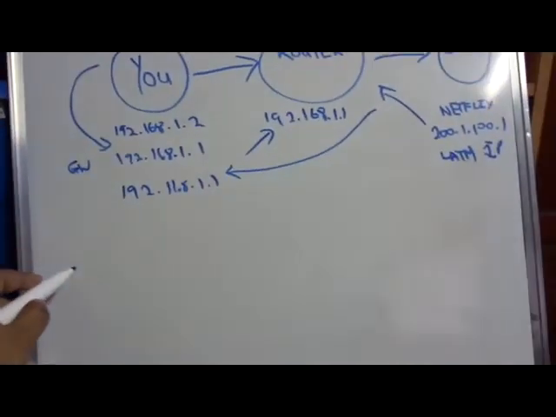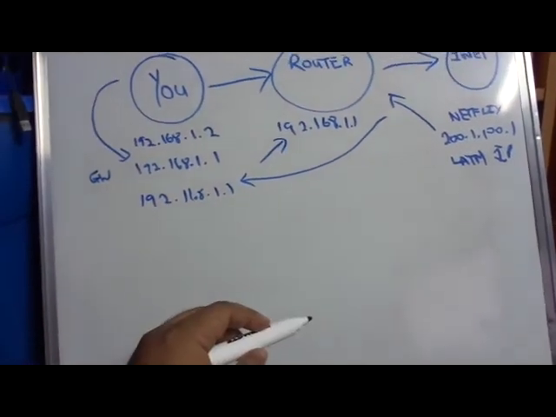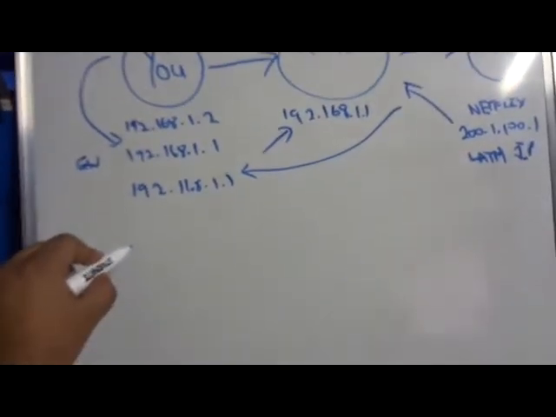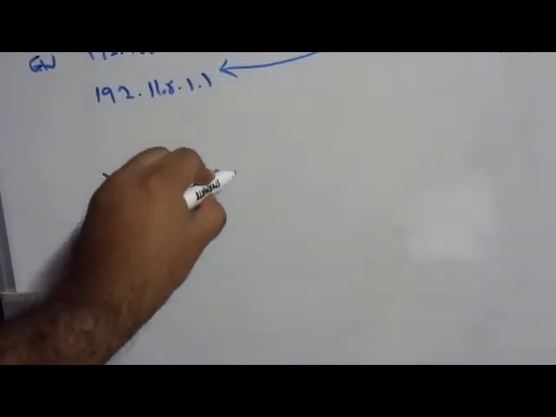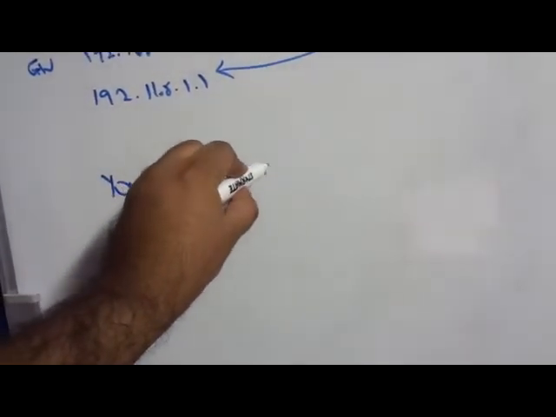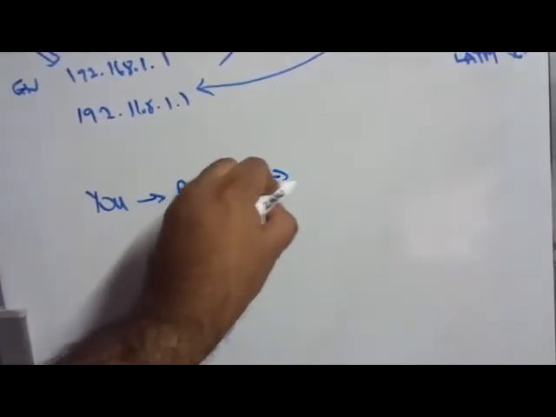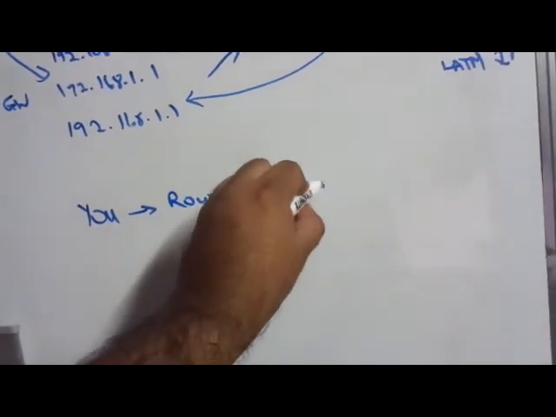So what would change is this: you'd have to have a server in between. So it would now become: you go into your router like normal, goes to internet, right? We know that.